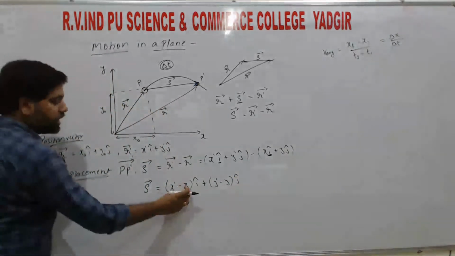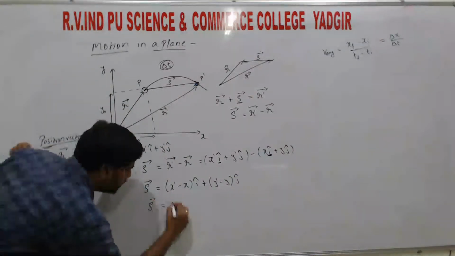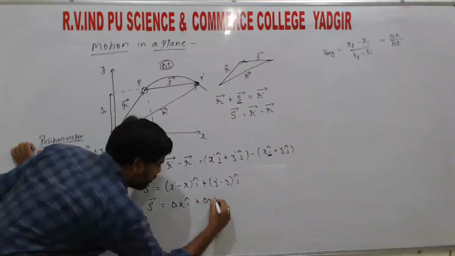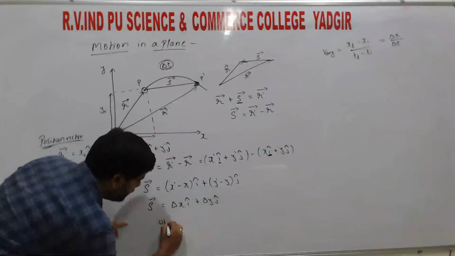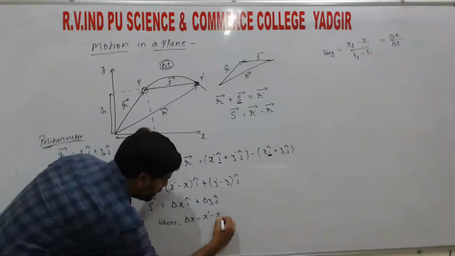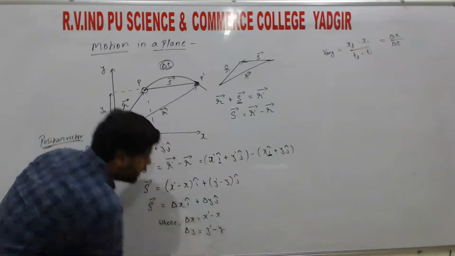So this is the small change in position along the x axis. We can write this as delta x i cap plus delta y j cap, where delta x equals x dash minus x, delta y equals y dash minus y.